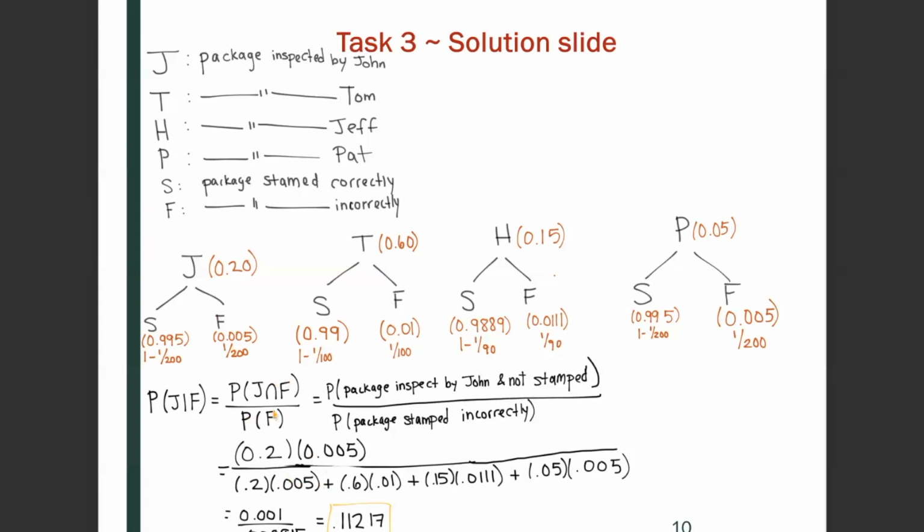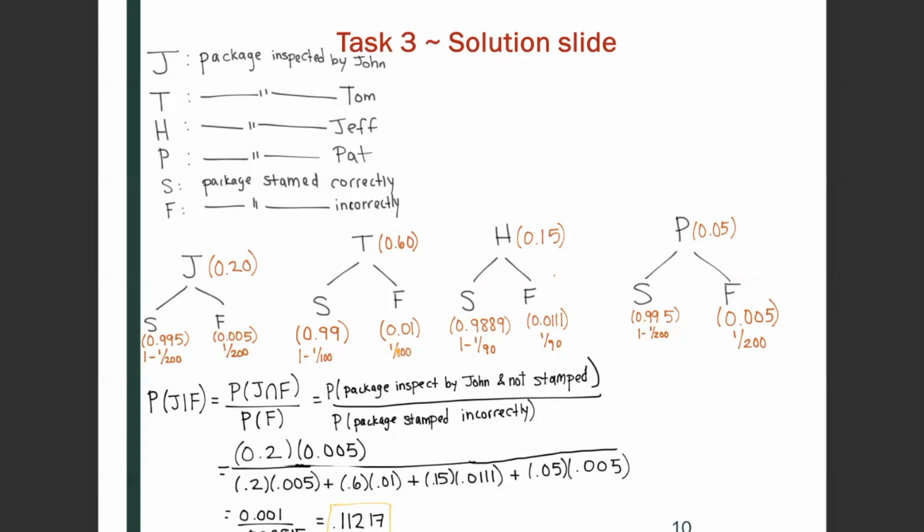And then we want to divide it by the probability that the package was stamped incorrectly. So we're going to add all of the situations that we have. So we have 0.2 for John times 0.005. And then we're going to add that to Tom's situation where we have 0.6, that's the chance that Tom had inspected the package, times the probability that he failed to stamp it correctly.